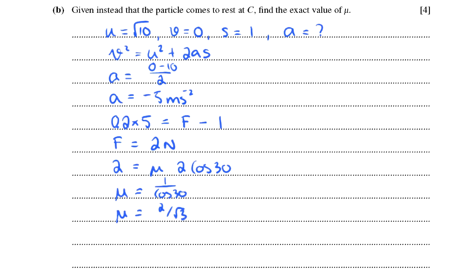All right, we can leave mu as 2 on root 3, or we can rationalize the denominator by multiplying by root 3 on root 3, which will give us 2 root 3 over 3. Either will be fine, I think. And that's the end of the exam.